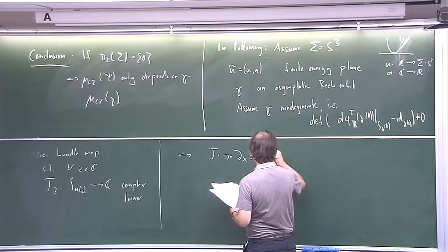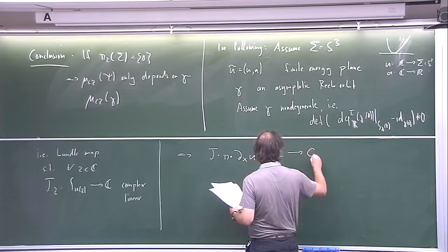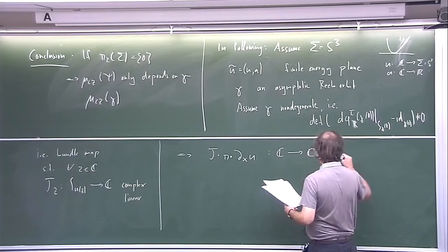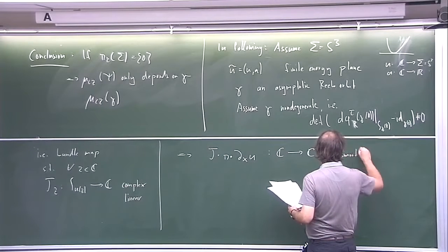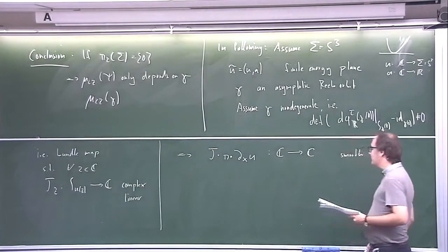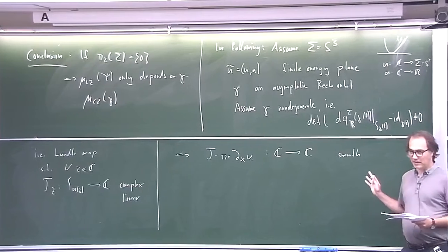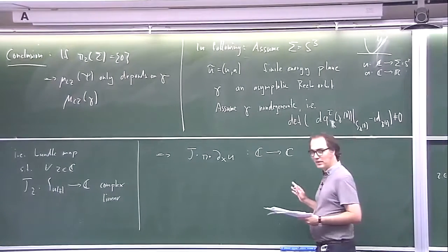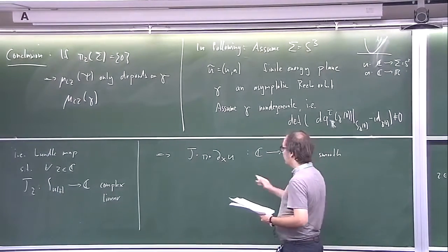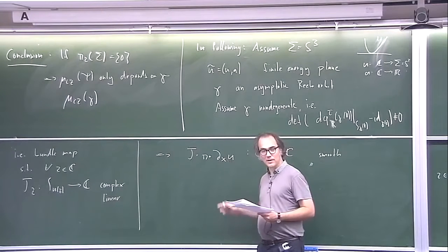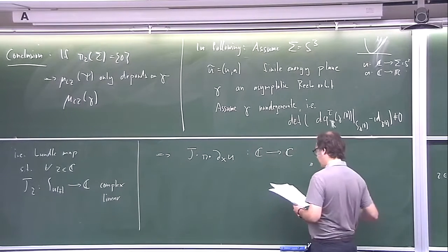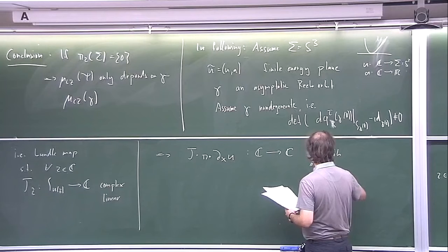So this is from C to C, a smooth map, and it's basically almost holomorphic, because u satisfies this holomorphic curve equation.